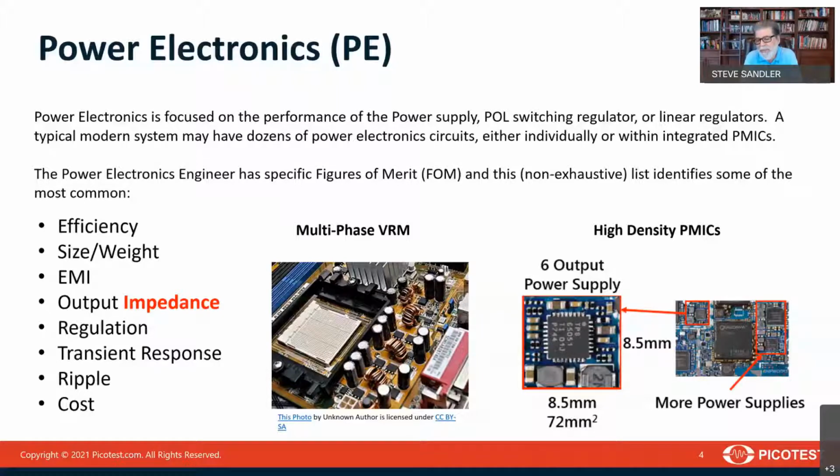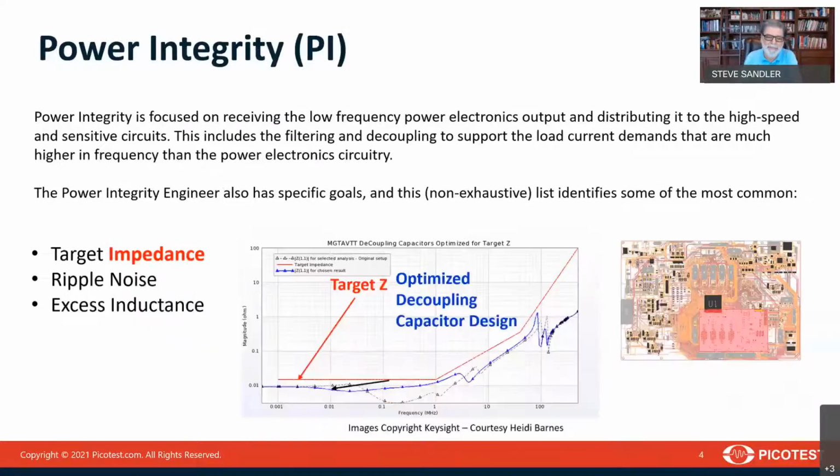On the other end of the spectrum, we have high-density electronics, cell phones, and things like that, and those generally concentrate power supplies into power management ICs or PMICs, and there we can end up with anywhere between maybe a dozen and I think the largest I've seen is about 80 power supplies inside a single chip, and all of these comprise power electronics.